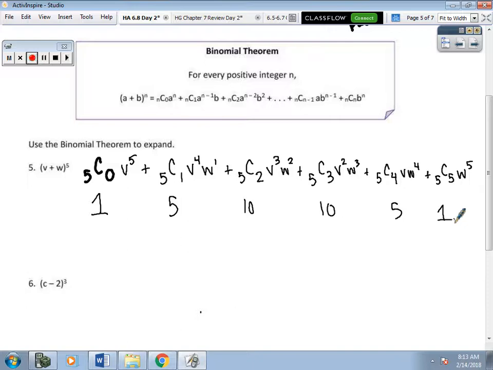So I personally don't use the binomial theorem because I like Pascal's triangle better. I like to memorize those first probably 4 lines, and then you can just use them. But this is a way, if you were to forget Pascal's triangle, that you could come up with these. So it would be 1 v to the 5th plus 5 v to the 4th w plus 10 v cubed w squared.